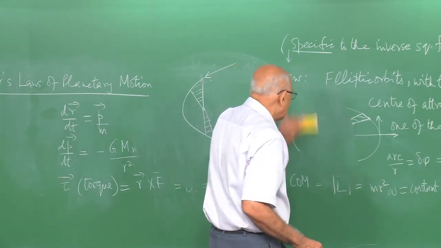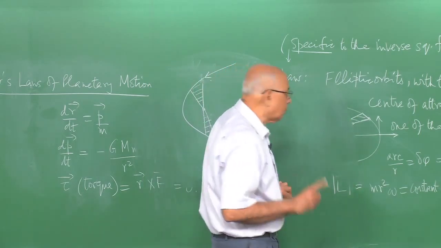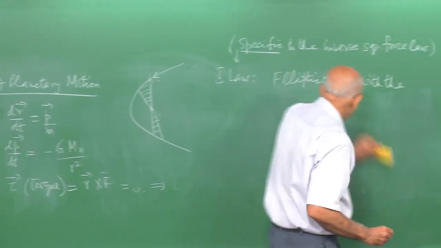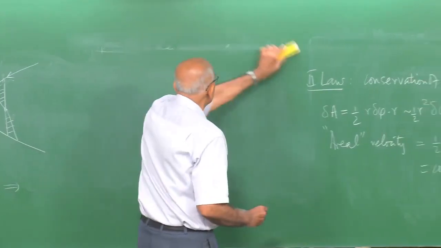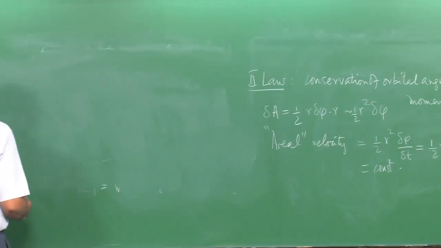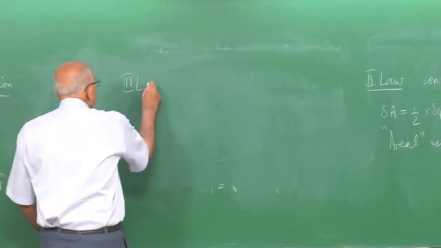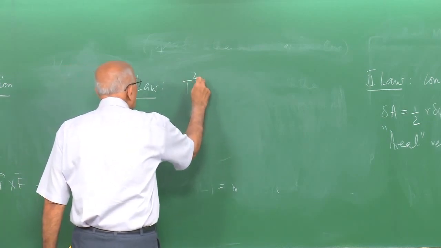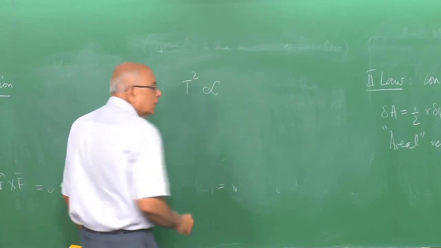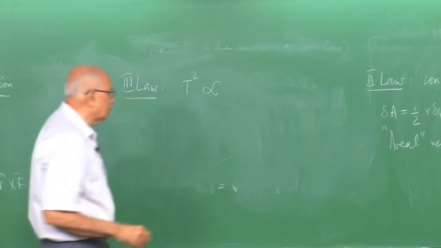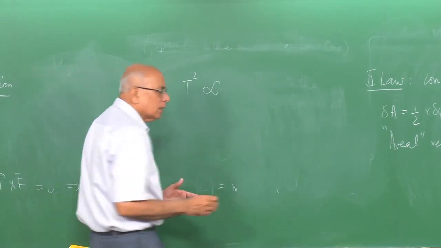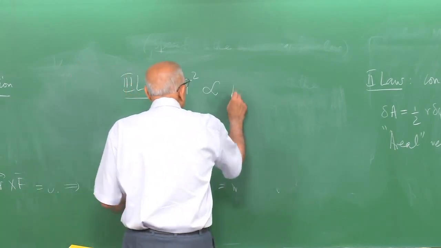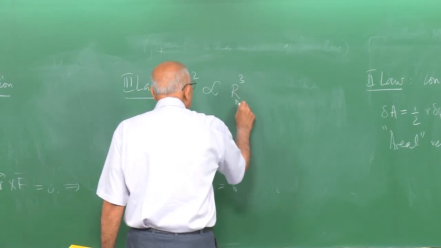The third law, once again, is specific to the inverse square law of force, and it says, as you know, the square of the time period T squared is proportional to the cube of the mean distance from the sun, which in this case would be some kind of average over the elliptic orbit. So this is proportional to r cubed, and let's say this is the mean radius.